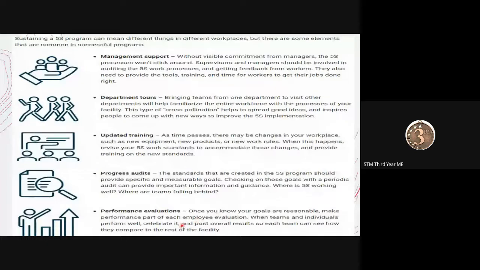Employee of the month and all, you have heard of the terms, right? Why it is being done is to improve the morale of the worker so that he will do that certain work, and this is done on the basis of the performance evaluation. Okay, so these are the ways in which the 5S program is sustained in the industry.